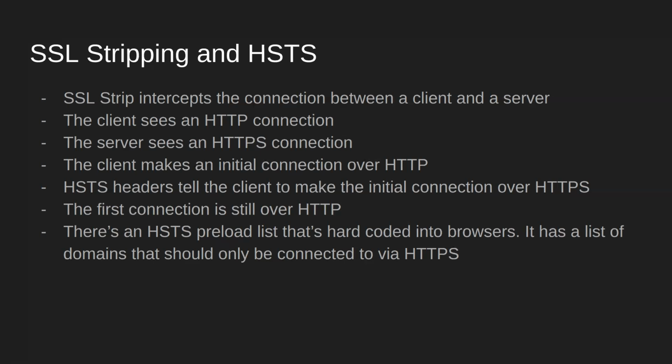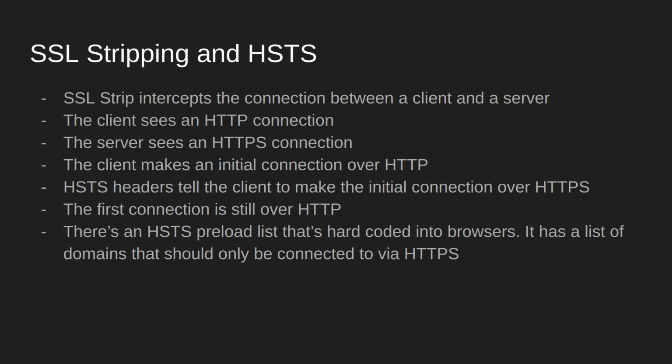Once you see an HSTS header, browsers will try pretty aggressively to not go back to HTTP. So the warning that you get when you have a bad TLS connection, the browsers actually get rid of the option to fall back to HTTP if the HSTS header was present on that site. This still doesn't cover the very first connection though, because the very first connection could be over HTTP.